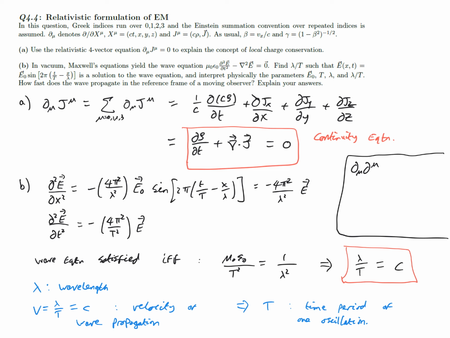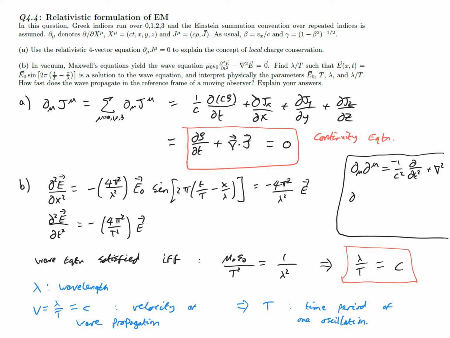That object is actually equal to 1 upon c squared d by dt squared, or minus that thing, plus the Laplacian. And of course that's the thing that features in our wave equation here.